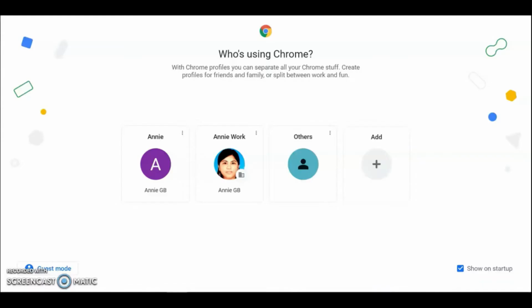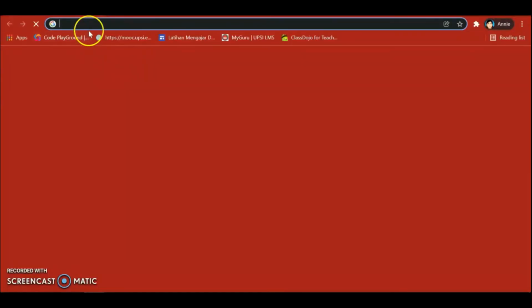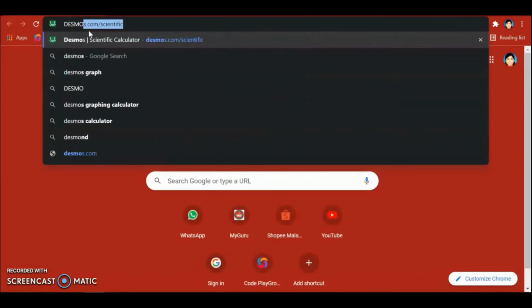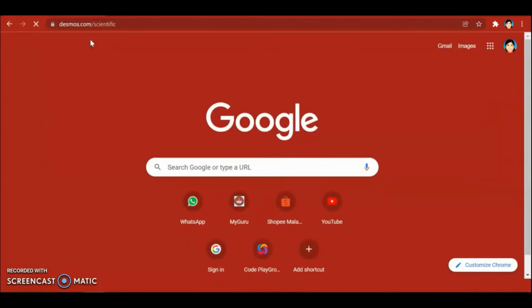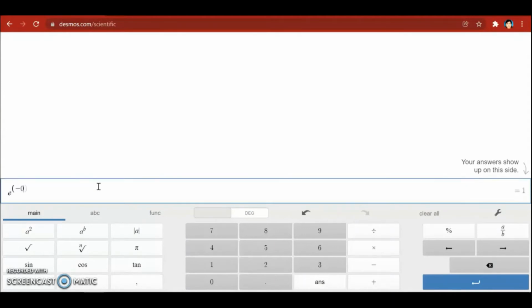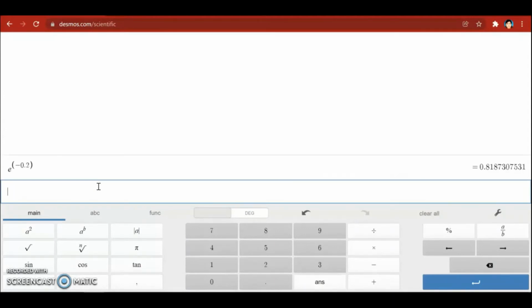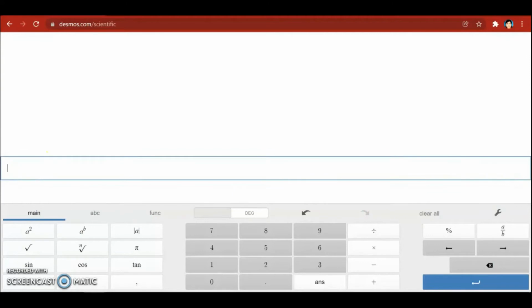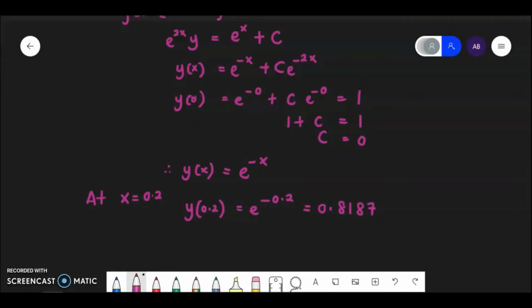I can go to my calculator online here, and I love to use the Desmos scientific calculator. So what do you get? Exponent e to the power of negative 0.2. Yeah, 0.8187.